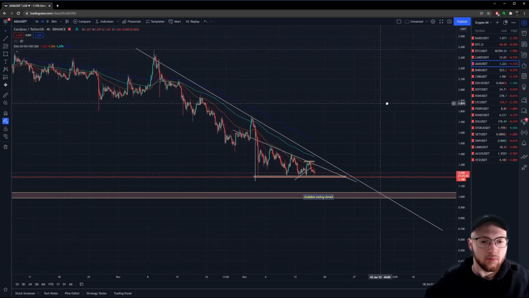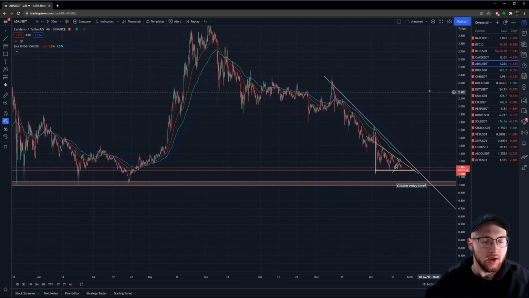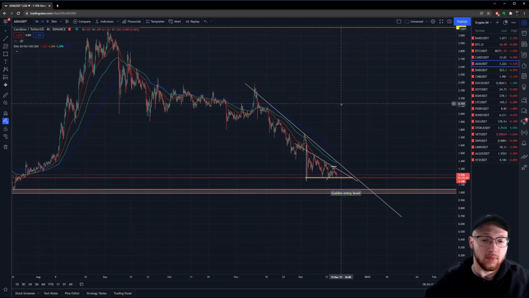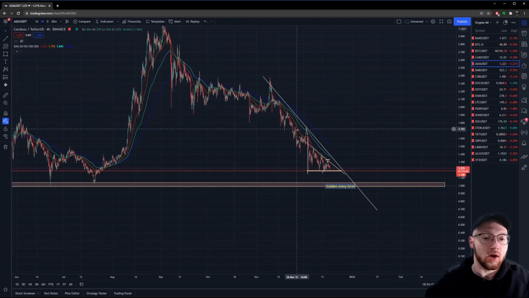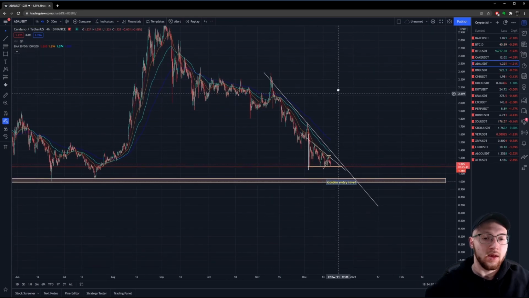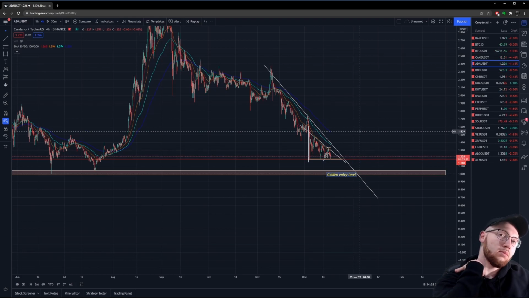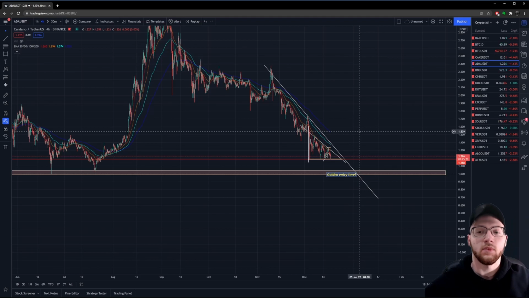Now, let's see. I'm using the 4-hour time frame, as you can see. In the last month, basically I've been going down a lot, and this is the first time that this pattern appears. And I think this pattern is here more to clarify to everyone what is going to happen.